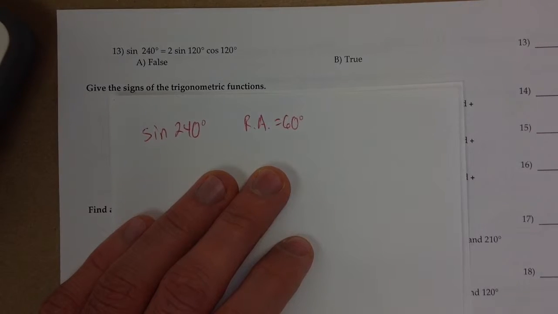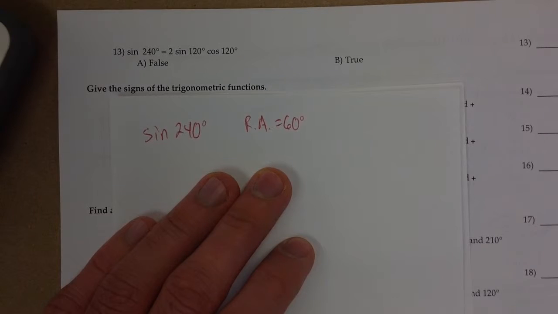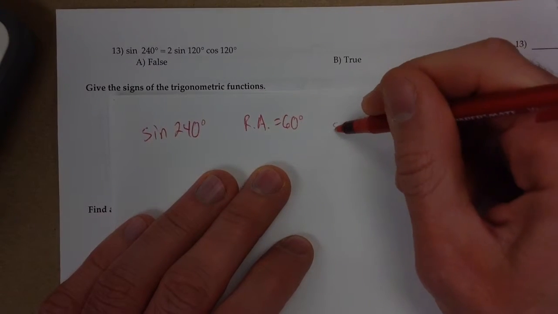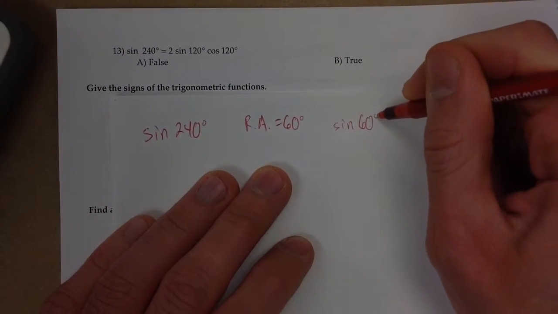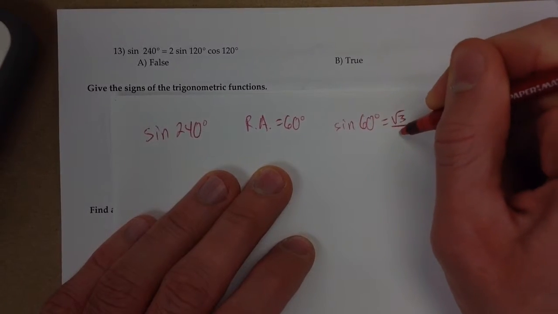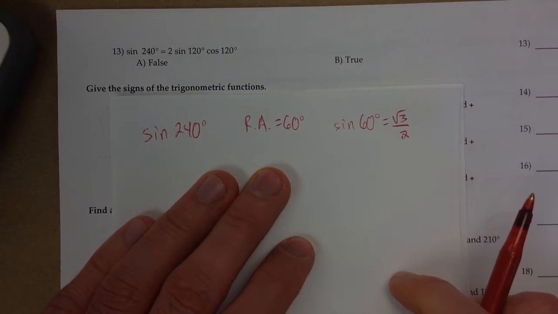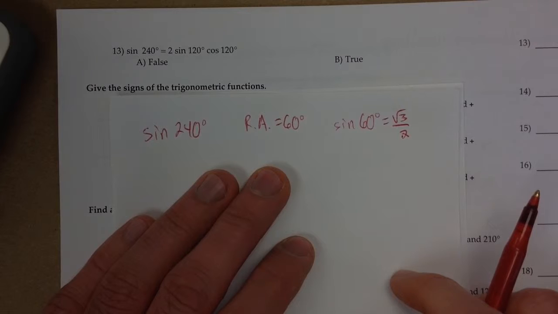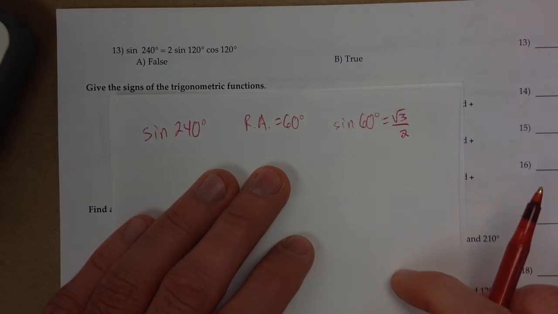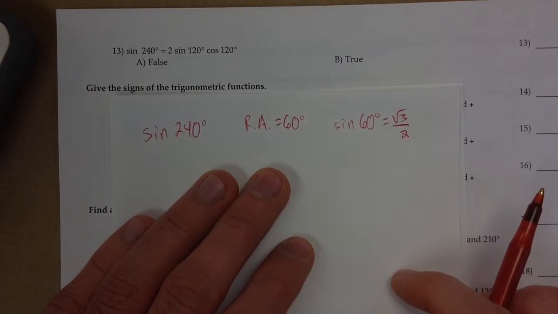So what's the sine of 60? Sine of 60 is root 3 over 2. Okay. Now, is it going to be positive or negative for 240 degrees? It's actually going to be negative because 240 is in the third quadrant.